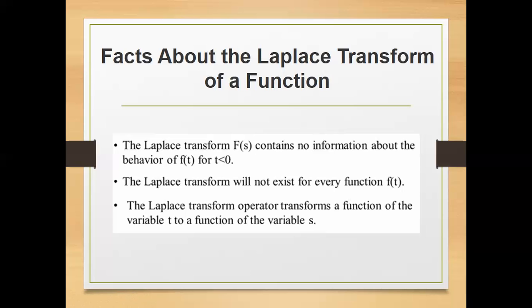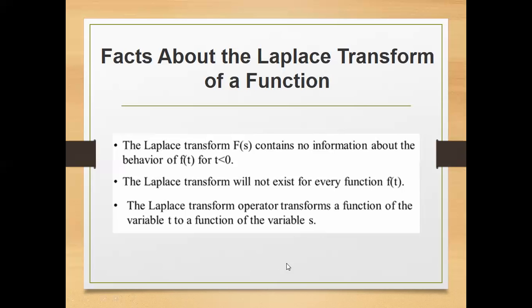However, based on the representation of process disturbance later on in process control, the basic functions that you are learning here would suffice already, meaning they can already be represented by the basic functions that I will show to you in the next slide. Now next, your Laplace transform operator transforms a given function of the variable t or the variable x to a function of the variable s.